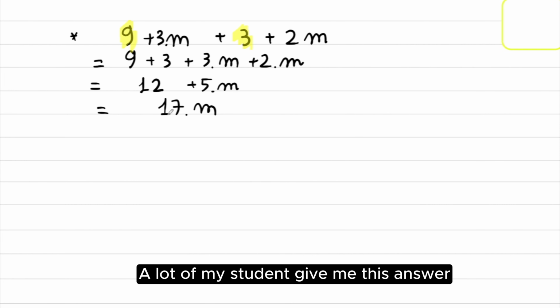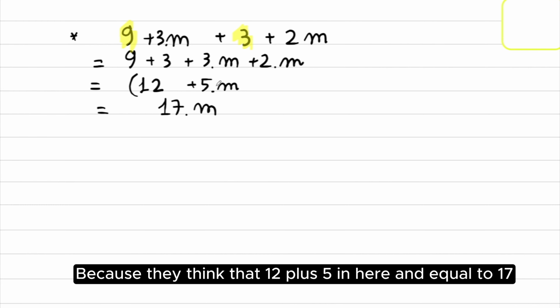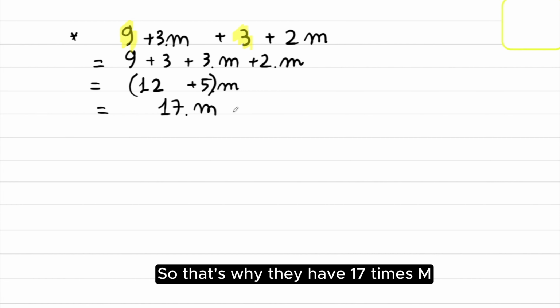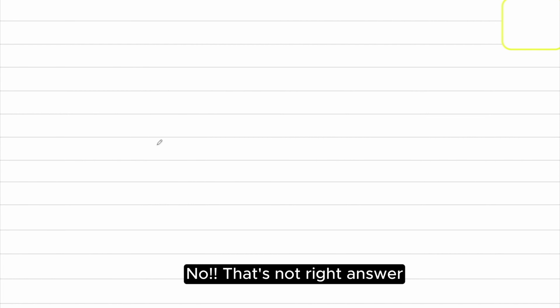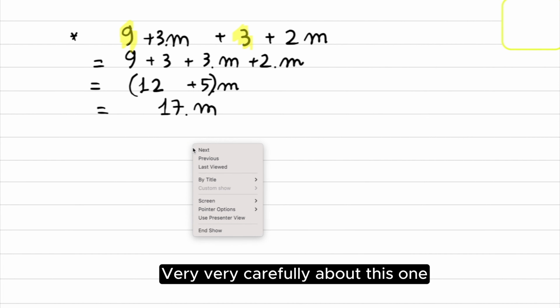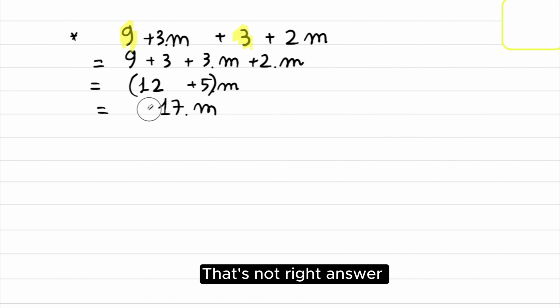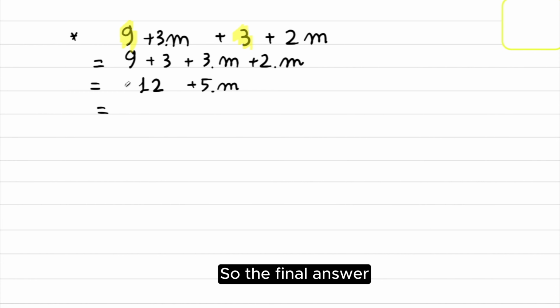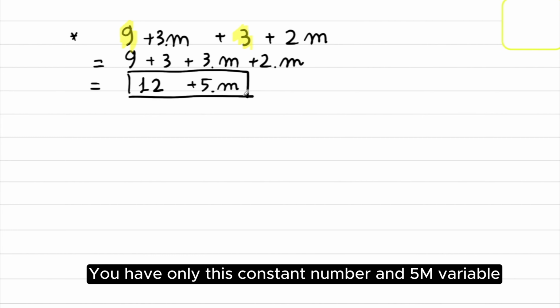A lot of my students give me this answer because they think that 12 plus 5 here equals 17, so they write 17m. No, that is not the right answer. Be very, very careful about this one. So the final answer, you have only this constant number and 5m with the variable.